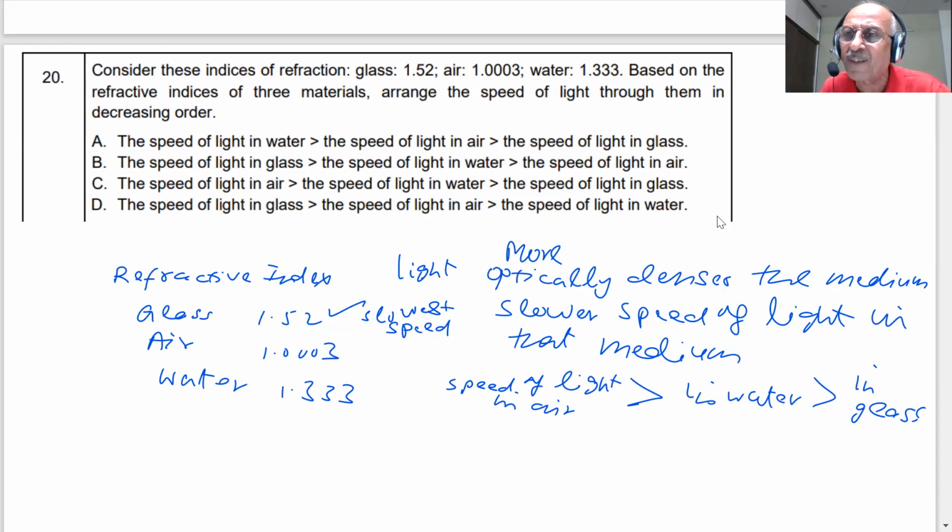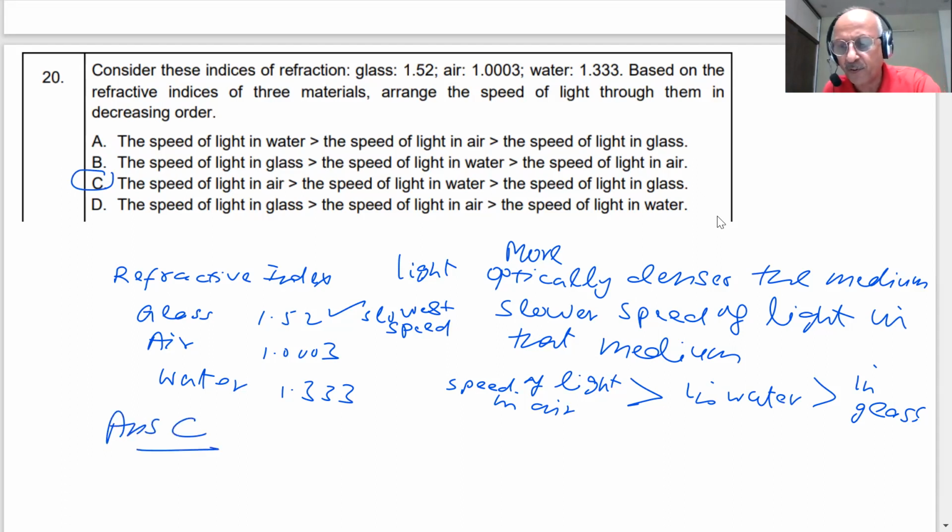Glass is the most dense material. The speed of light will be slowest in this. Let us see which is the correct choice. Speed of light in water, no, it cannot be more. Speed of light in glass, it cannot be more, it is the least. Speed of light in air, yes, it is the highest. And then light in water, then this. Okay, as per our choice, answer C is the correct answer. Answer C is correct, student.